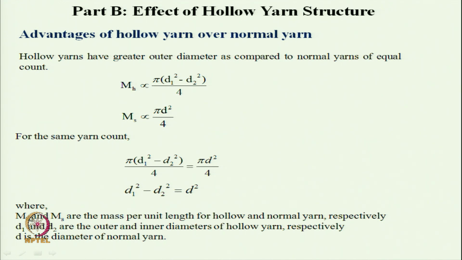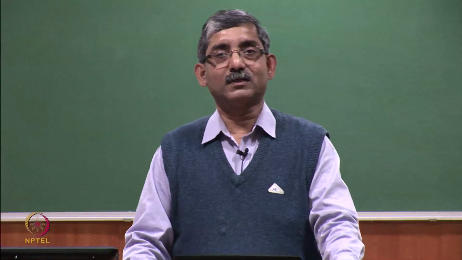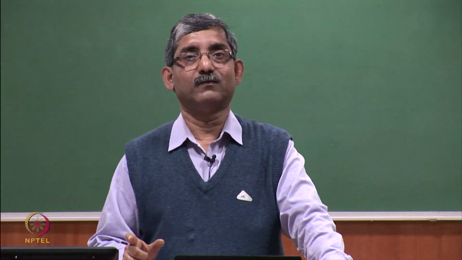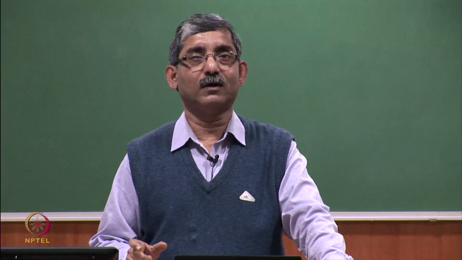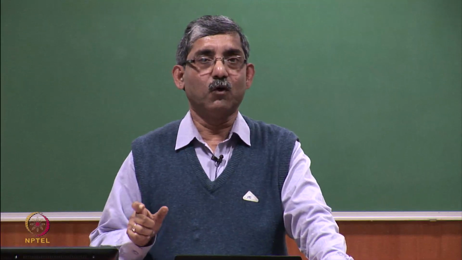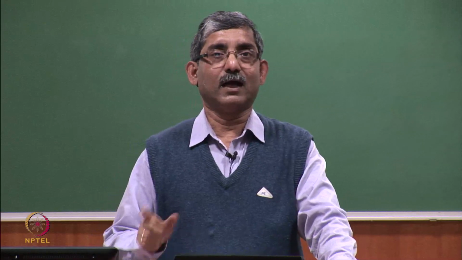So, to keep the same mass per unit area, two yarns were used, one was hollow yarn, another was normal yarn, and ends per inch and peaks per inch, end density and peak density, were kept same. In that case it has been observed that hollow yarn with higher diameter covers more area than normal yarn.